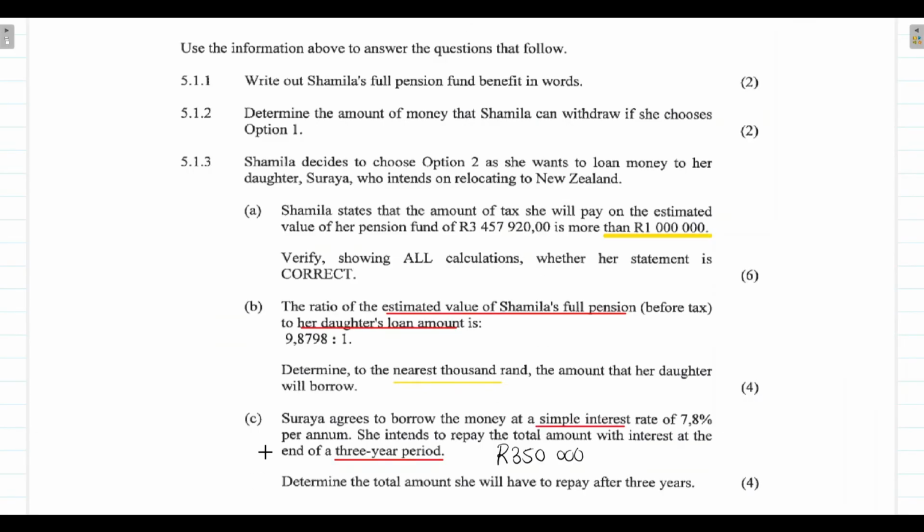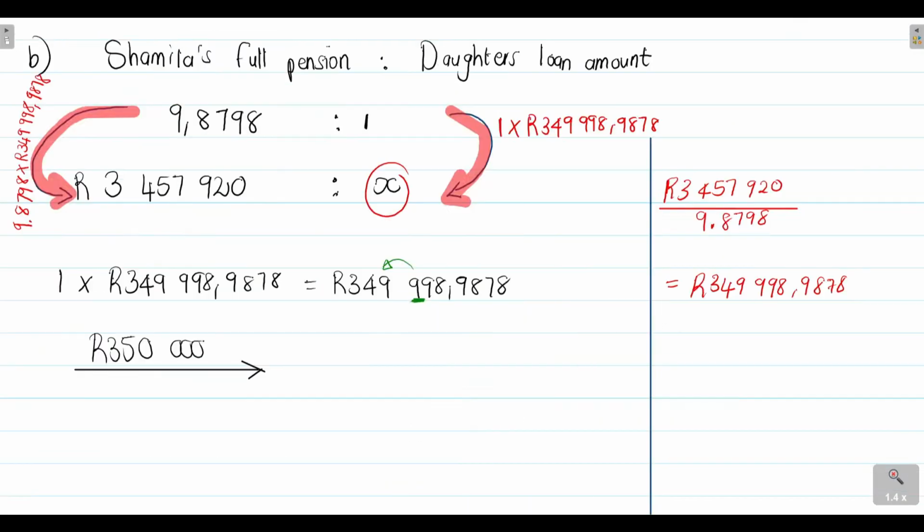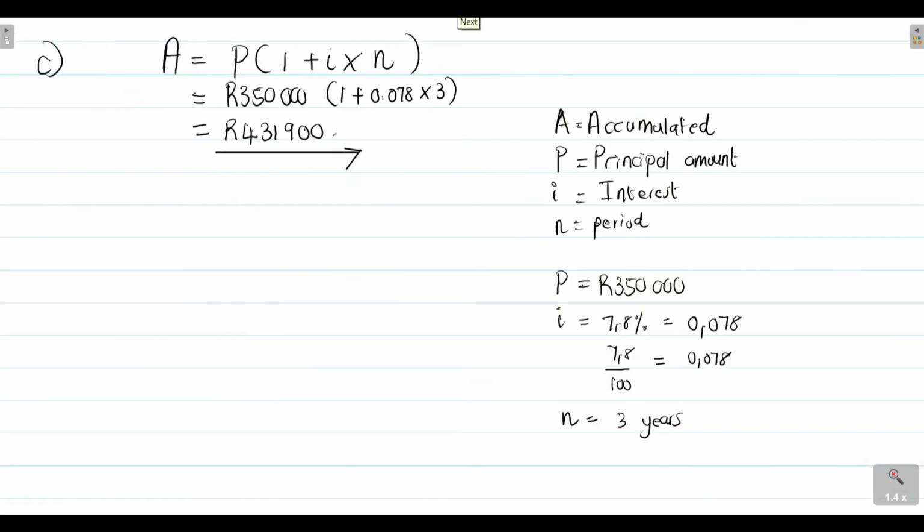And in the last question, we had to use the simple interest formula to calculate how much Shariah is going to be paying her mom at the end of the 3-year period. In this case, it's very important that if you got your question B wrong, your question C was also going to be wrong, because the principal amount is how much Shariah borrowed from her mom, and that was 350,000.